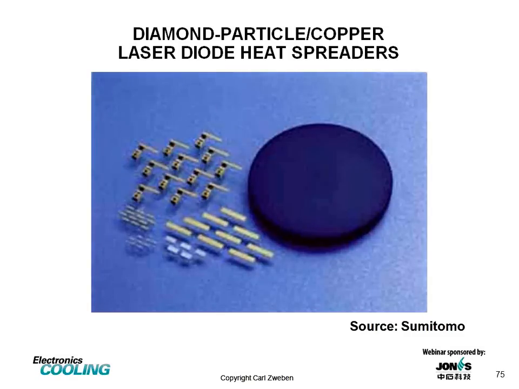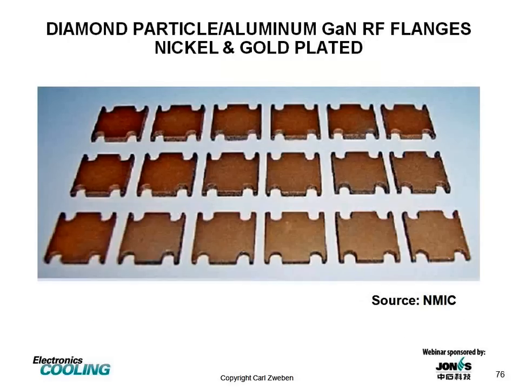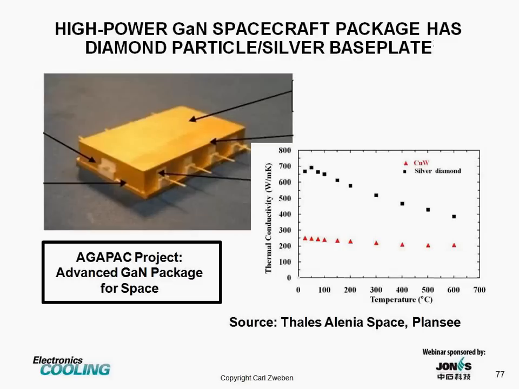Diamond particle reinforced copper has been used in laser diode heat spreaders for many years. This is diamond particle reinforced aluminum. These are production gallium nitride RF flanges, which are plated with a combination of nickel and gold.